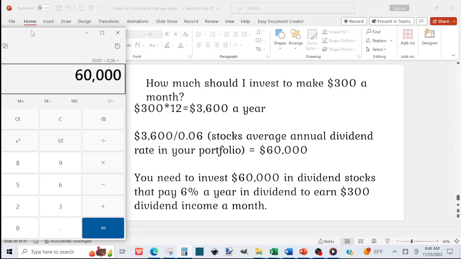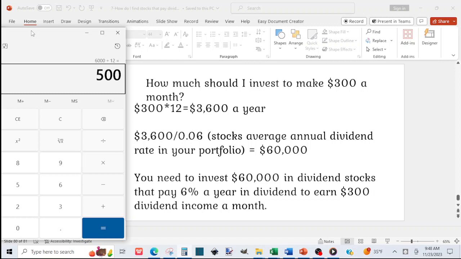And if that 60,000 is a large number, well, you can divide it by 10 and set that as a 10-year goal, and that's 6,000 a year, and you can divide it by 12, and that will give you 500.